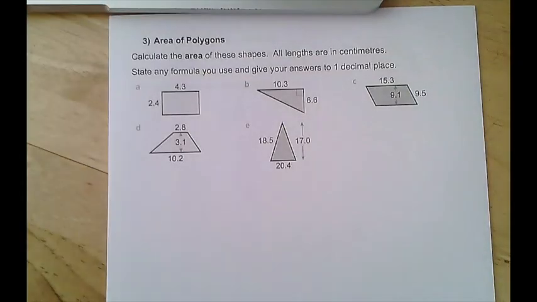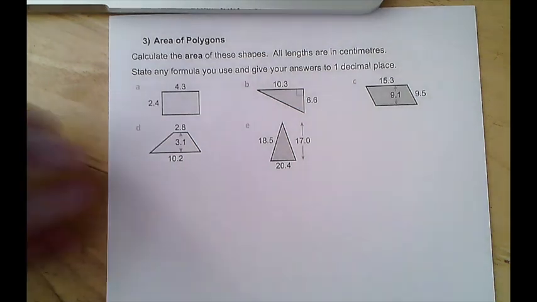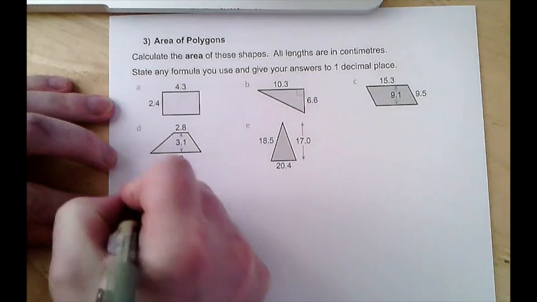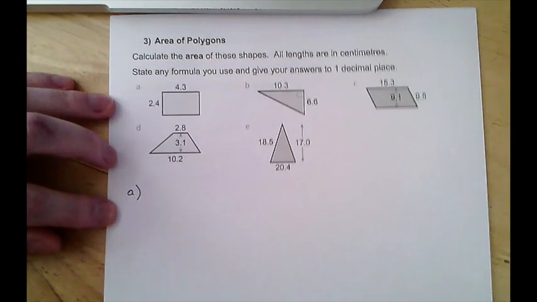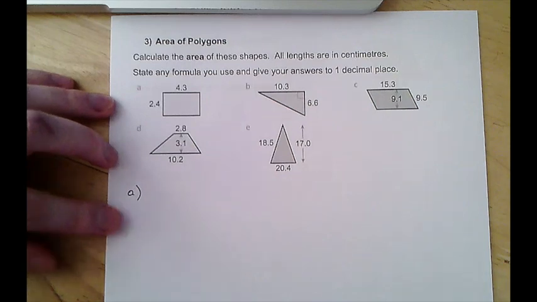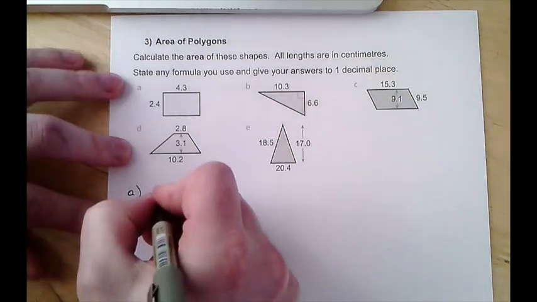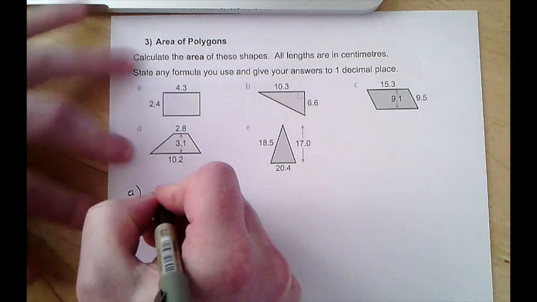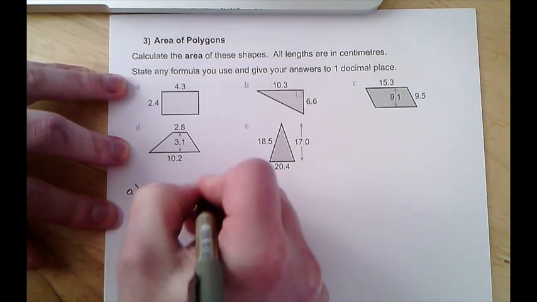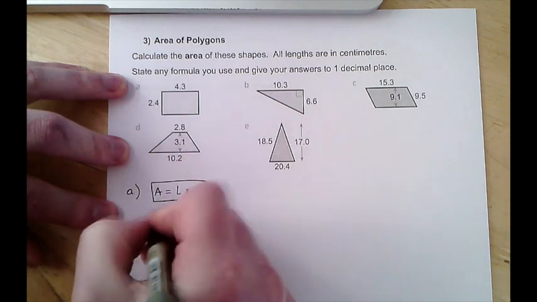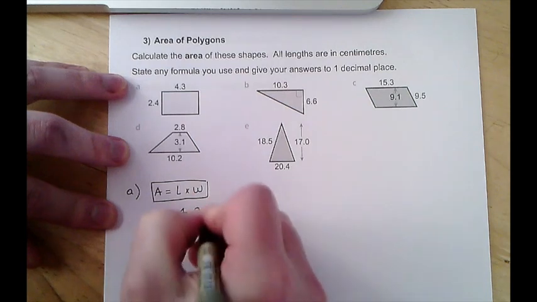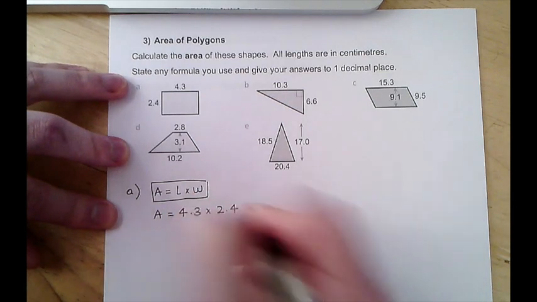Question 3 then, looking at the area of polygons, straightforward polygons. When you are doing any question that requires a formula, just like I did in the previous question, make sure you state your formula. So for question 3a, the rectangle area is length times width. So the area is 4.3 times 2.4.